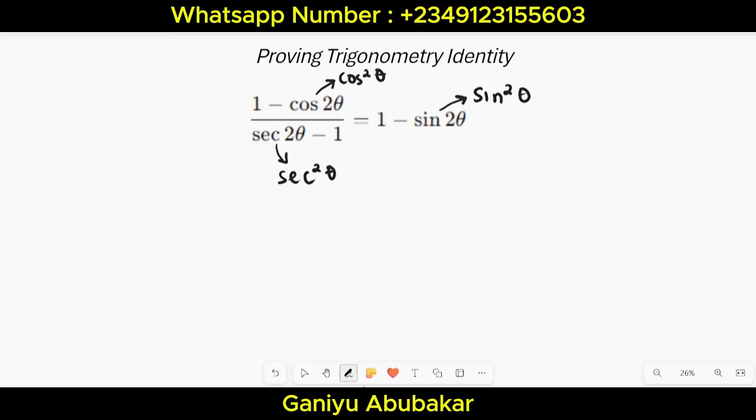So we are trying to prove the left hand side being equal to the right hand side.